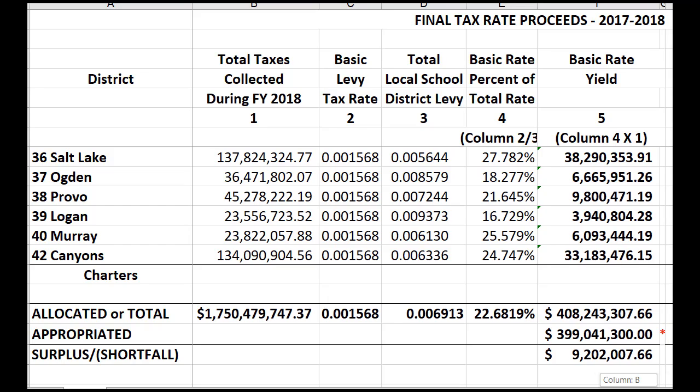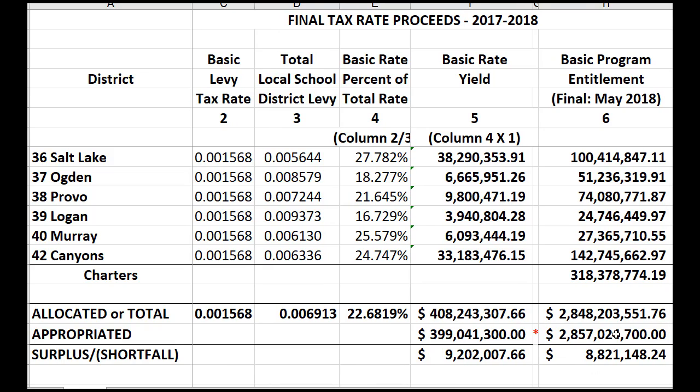Also, the estimated cost of the basic school program, this is all LEAs, so this is all school districts and charter schools, was $2,857,024,700, which was mentioned earlier.